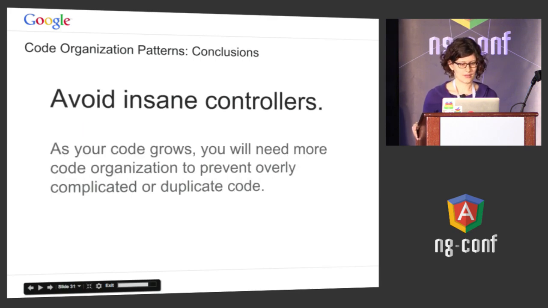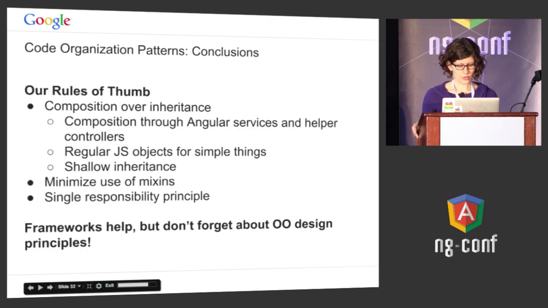So in conclusion, as your application grows, try to avoid your controllers getting out of hand. You don't want it to be too complicated, you don't want there to be duplicate code, and you want it to be easy to understand. So our general rules of thumb, in summary, is to prefer composition over inheritance. For composition, we try to use Angular services and helper controllers whenever we can.